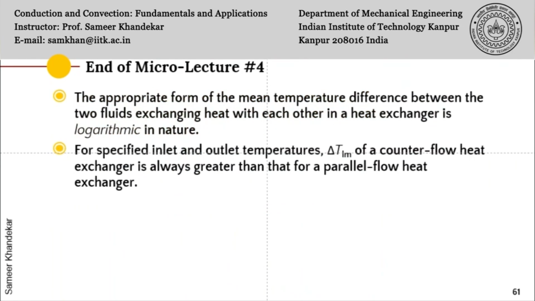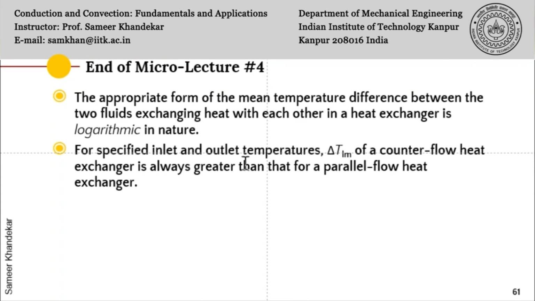Moving on to the last slide now, what we have seen in this lecture is that the appropriate form of the mean temperature difference between the two fluids exchanging heat with each other in a heat exchanger is logarithmic in nature. It was also noted in earlier lectures.